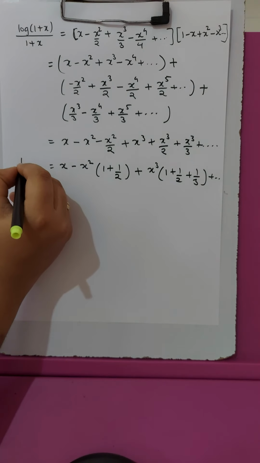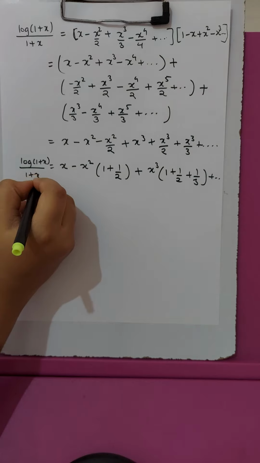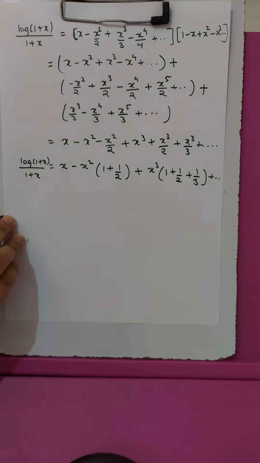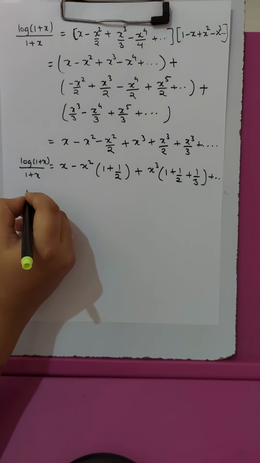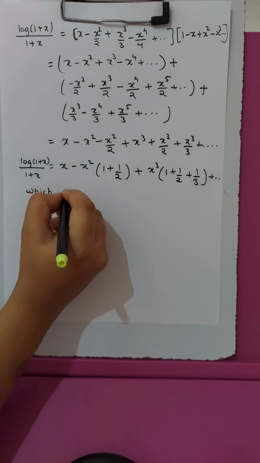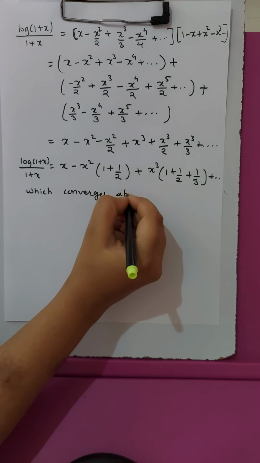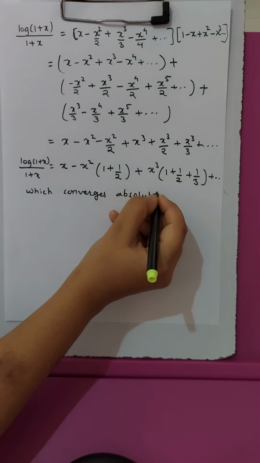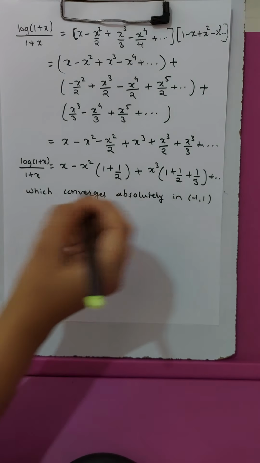Now this log of 1 plus x upon 1 plus x converges absolutely in the interval minus 1 to 1.